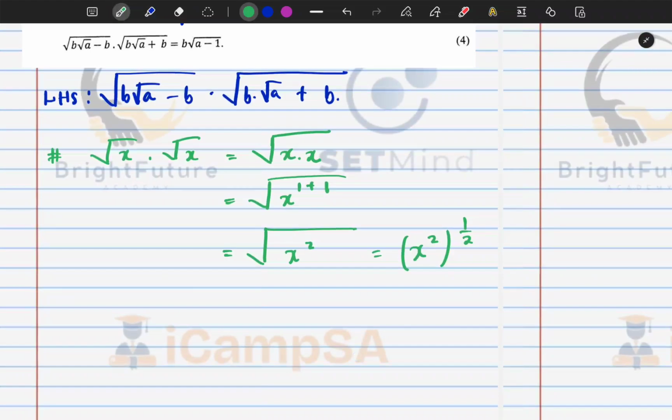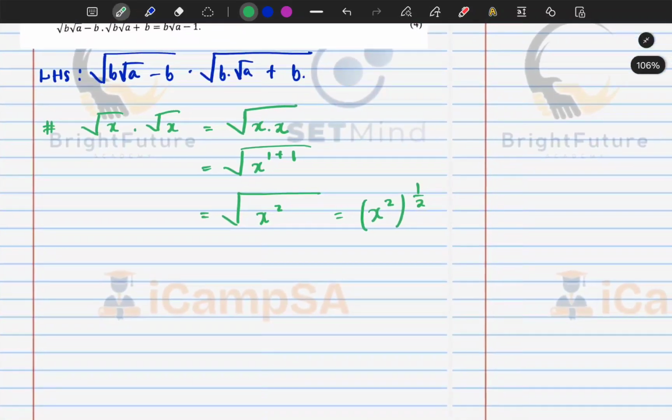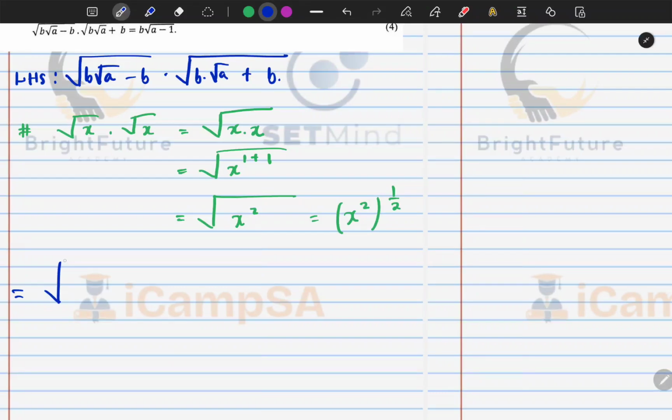We are going to try and apply that into our expression. So let's go on and try to do that. We are going to put this in one square root, where you have brackets, b square root of a minus b, and then b square root of a plus b.